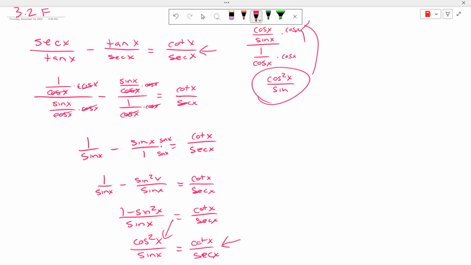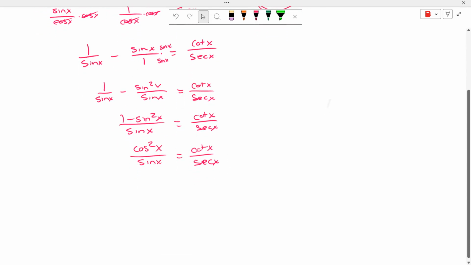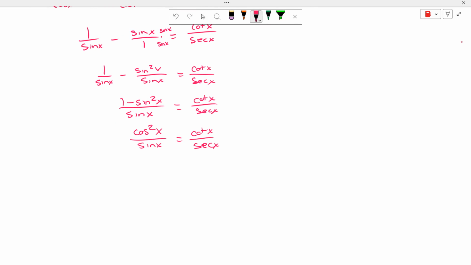So how do I go in that direction? Well, here we go. This is how I go in that direction. Now, on the bottom, what I need to do here is I need to multiply this by 1 over cosine of x over 1 over cosine of x.